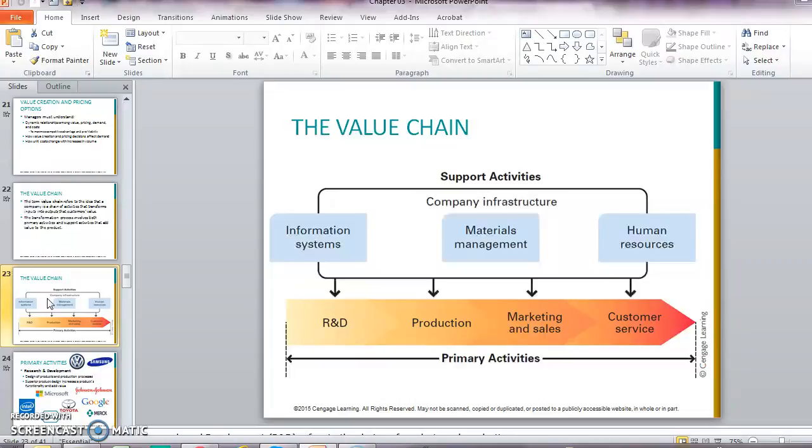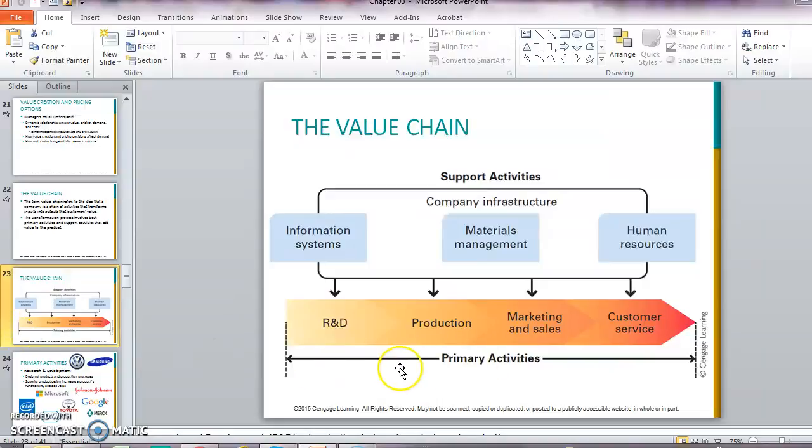And the value chain just means that there are activities inside a company, both their primary activities and support activities, and each one links together to create the value that is provided to the customer. Each one contributes in some way to the value and the value proposition of what the customer gets out of a product.